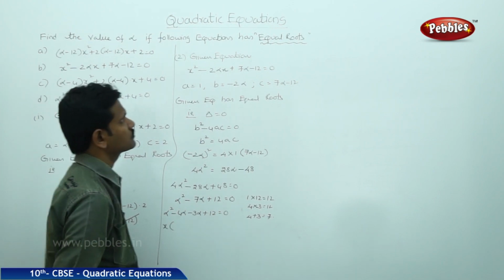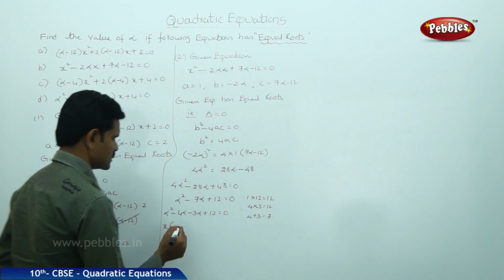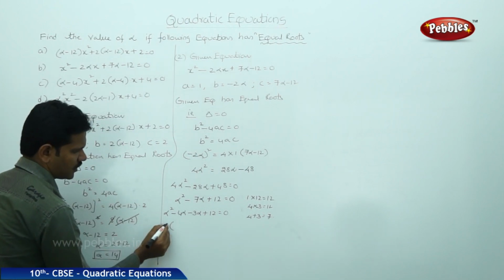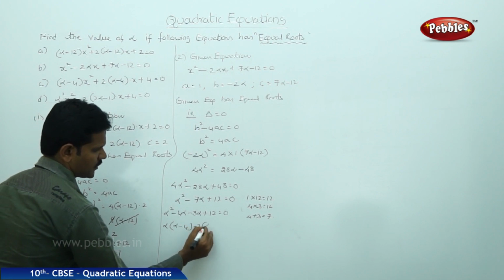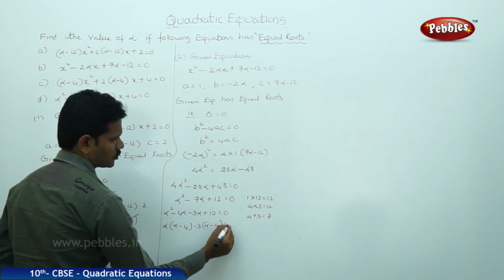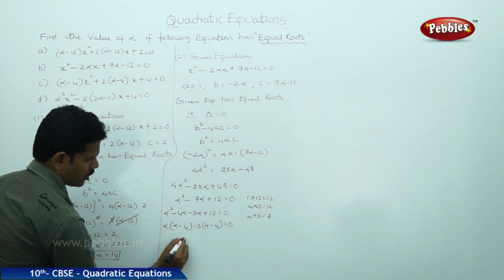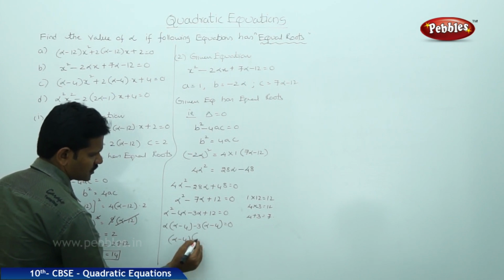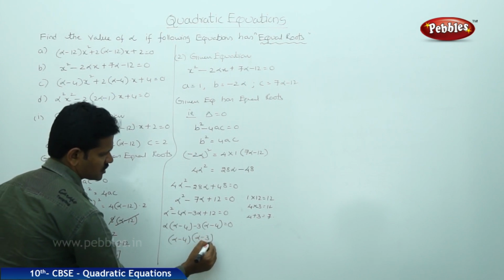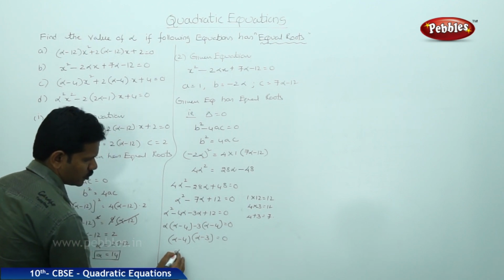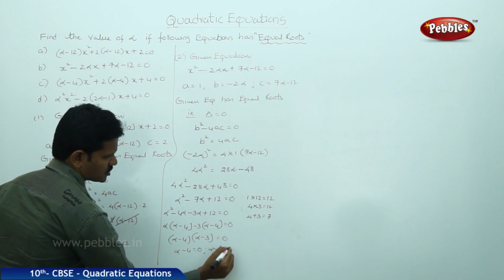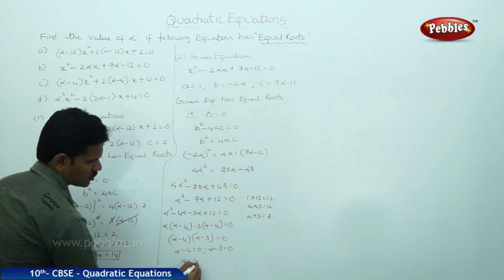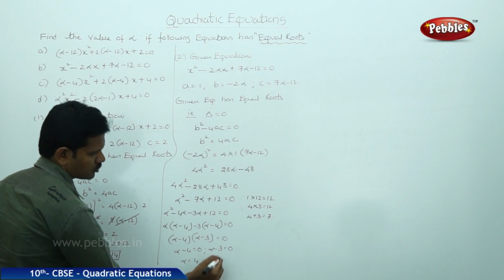Take alpha common: alpha(alpha - 4). Take -3 common: -3(alpha - 4) = 0. Alpha - 4 is one factor. Alpha - 3 is the other factor. Therefore, alpha - 4 = 0, alpha - 3 = 0. Alpha is equal to 4, alpha is equal to 3.